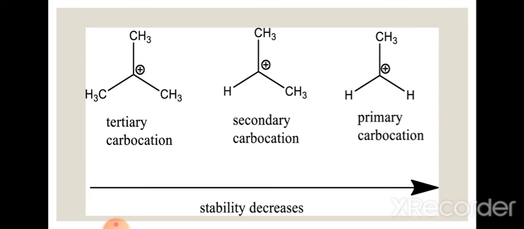When the positive charge is present on the primary carbon, that will be a primary carbocation. If the positive charge is present on the secondary carbon, that will be a secondary carbocation. If the positive charge is present on the tertiary carbon, that will be a tertiary carbocation.